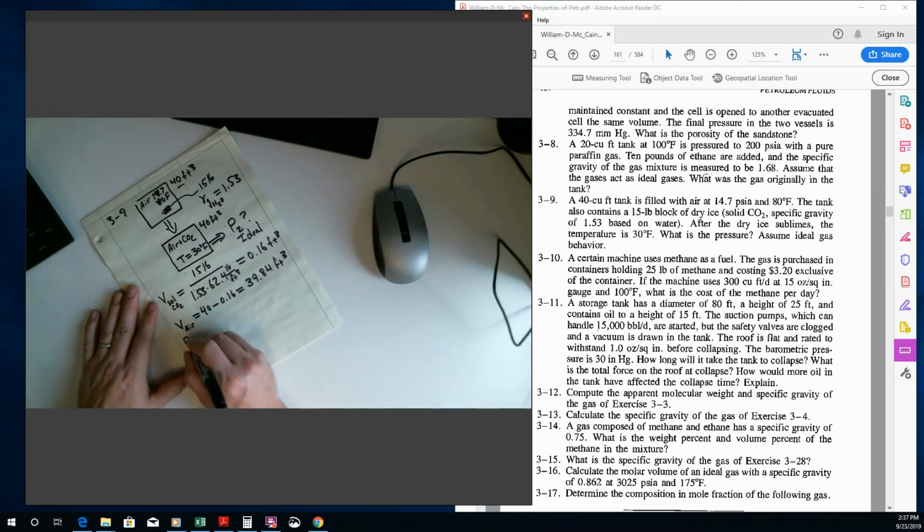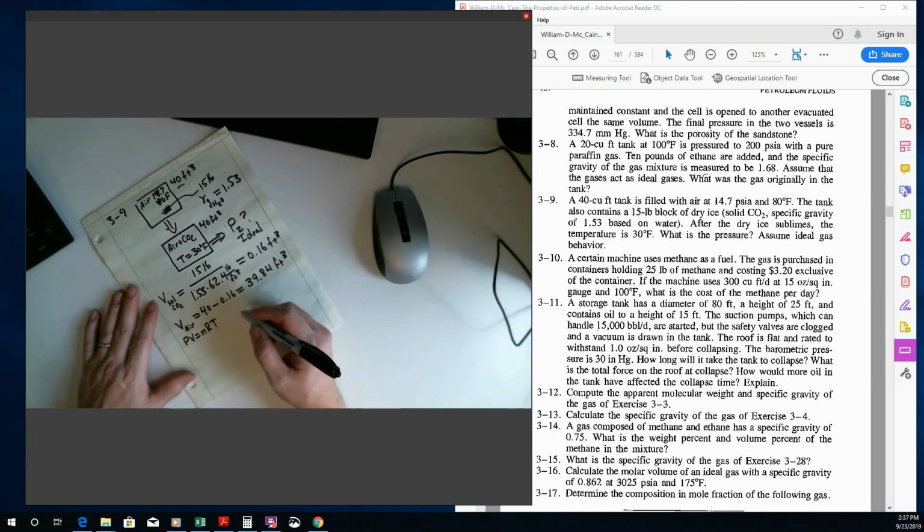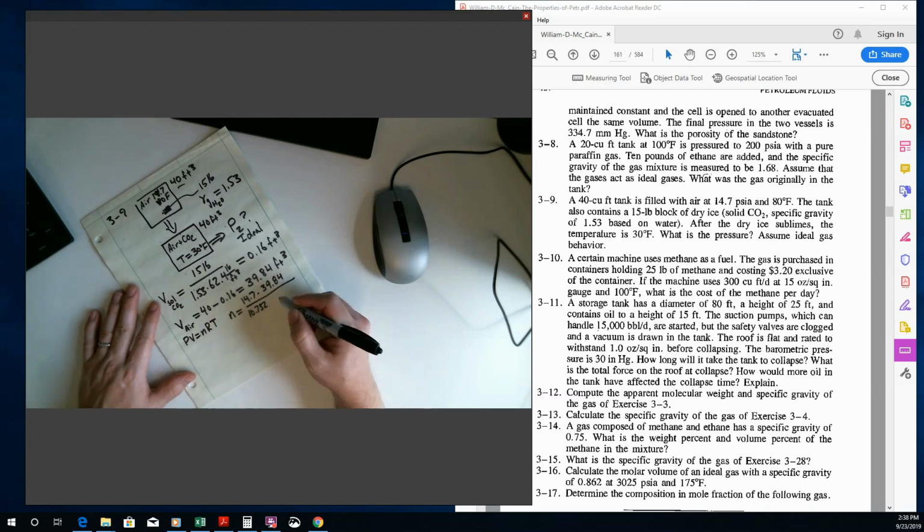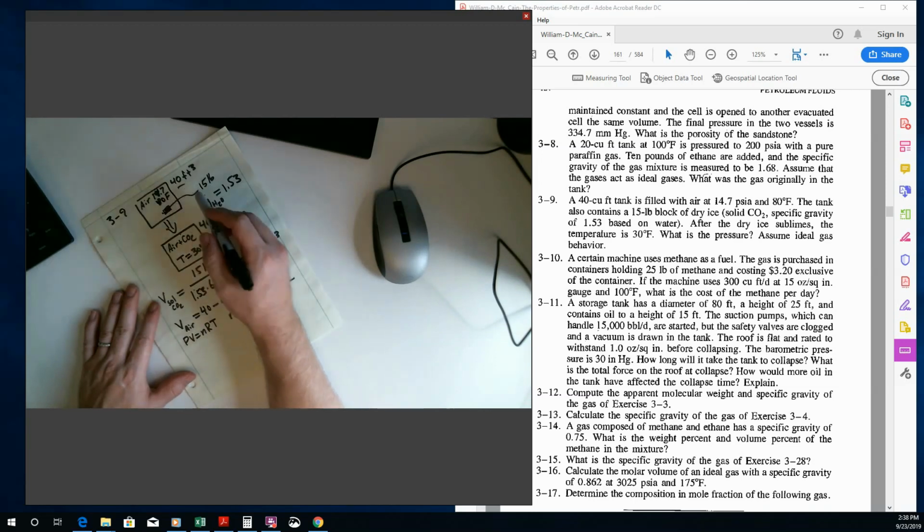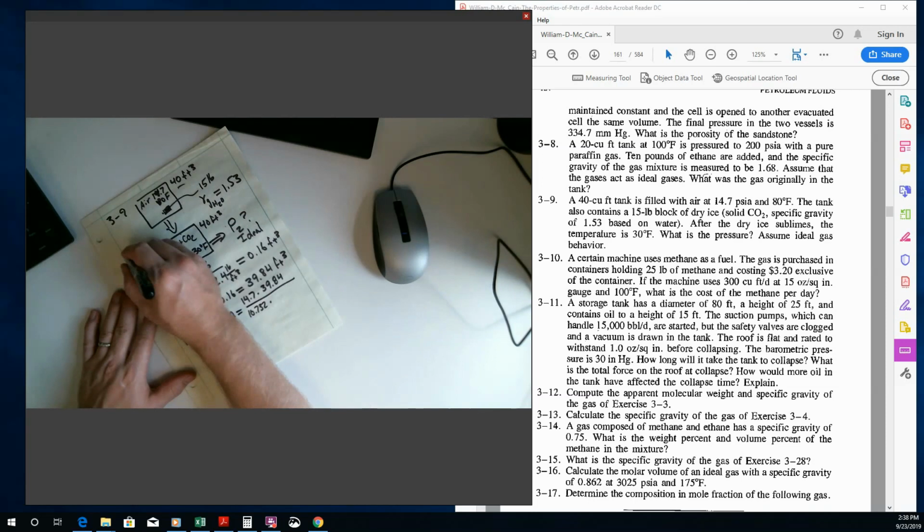So looking at PV equals nRT for the air that's in there, we're really trying to calculate N. So N equals PV over RT, so 14.7 times 39.84 divided by 10.732 times temperature, which is 80 plus 460 equals 540 Rankine.